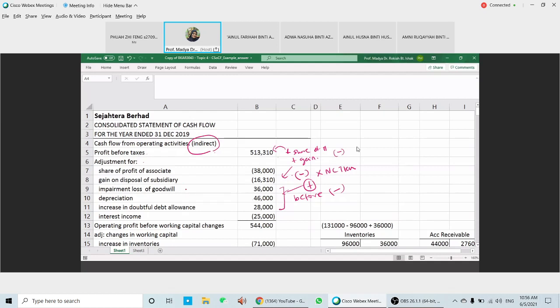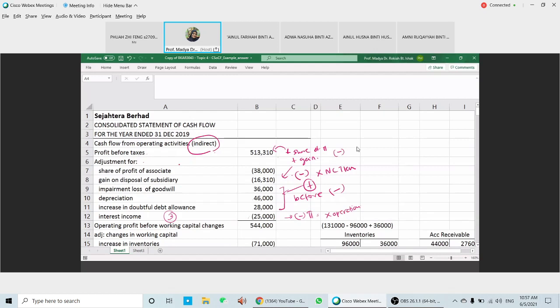So for interest income, if you refer to information number 3, the interest income is 25. So 25 you need to minus here. Why do we need to minus it from the profit? Because interest income is not from your operation, so you minus it from the operation.